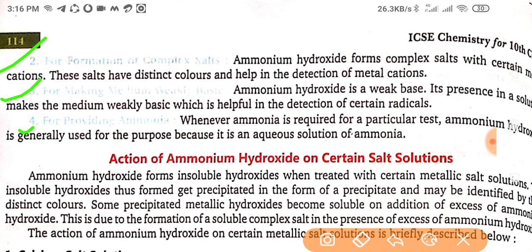So whenever we need ammonia, we get it from ammonium hydroxide, because the aqueous solution of ammonia is ammonium hydroxide. So these are some uses of ammonium hydroxide.